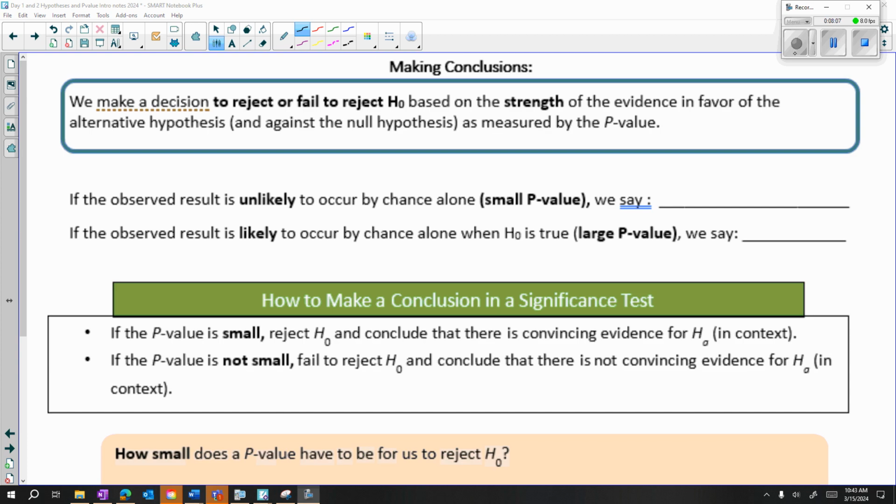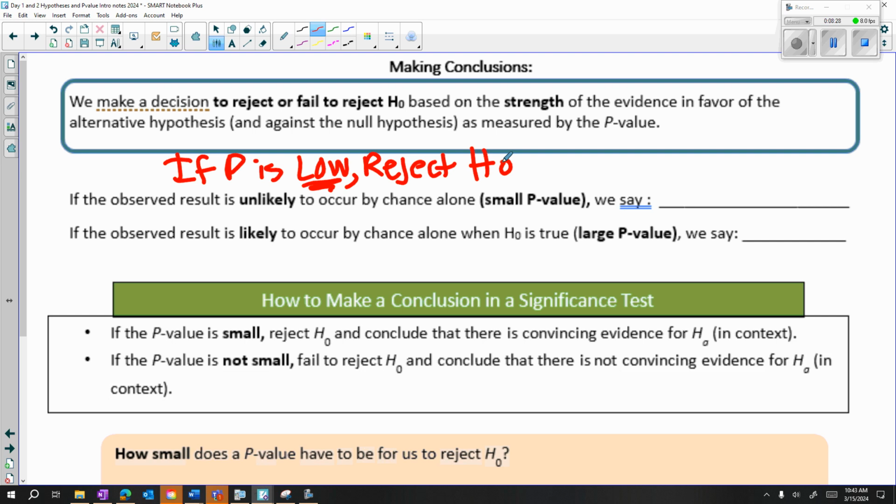And here is where you have to remember the sentence that I told you, which is, if P is low, reject H0. When P is low, reject H0. How low is the benchmark? We say less than 0.05.